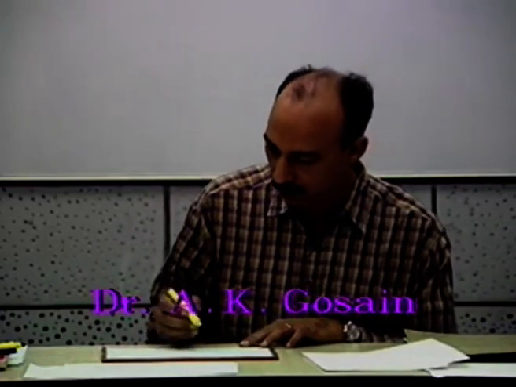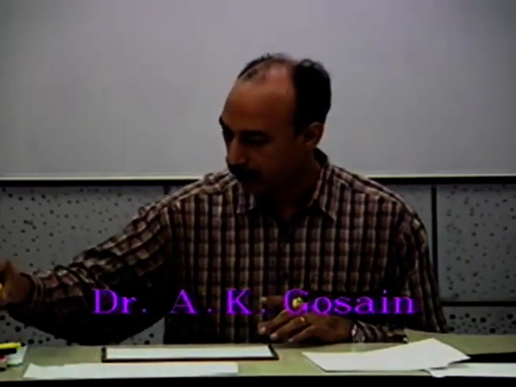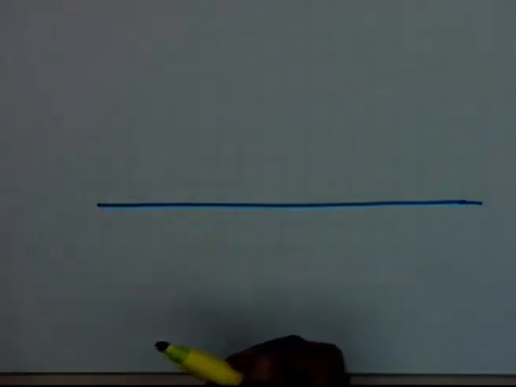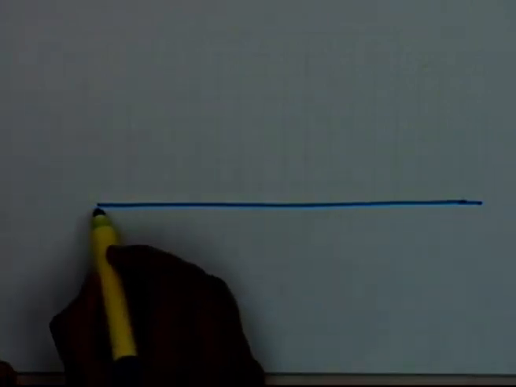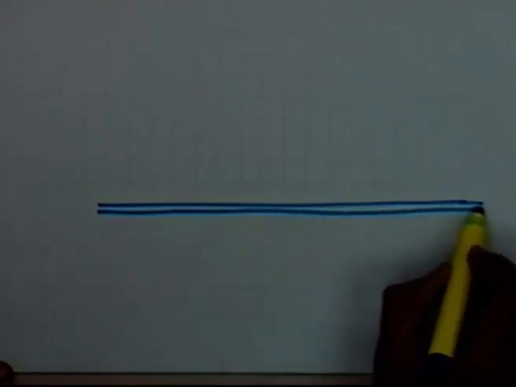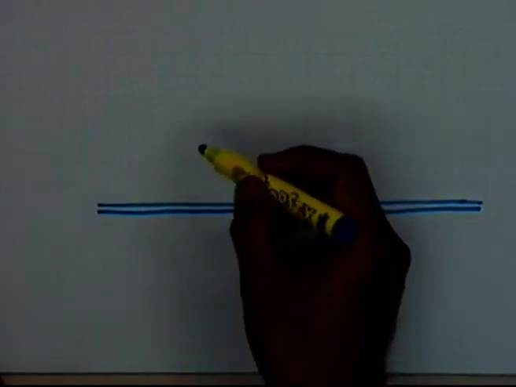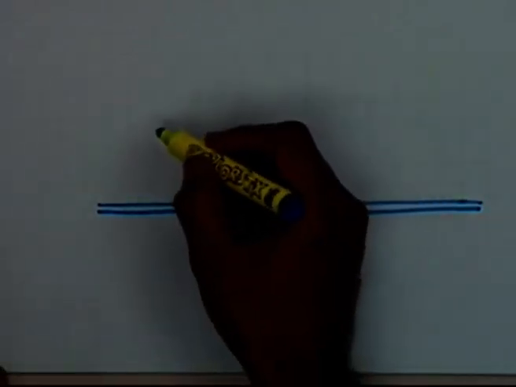So let's have a look at what happens if you try to overlap. We say that this is a situation where you have one main line, and on that you have the laterals.